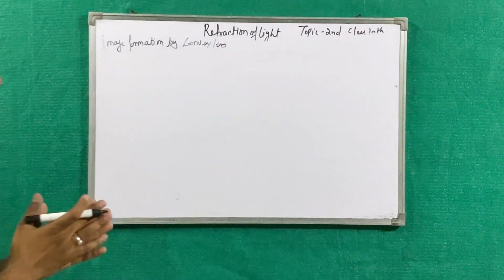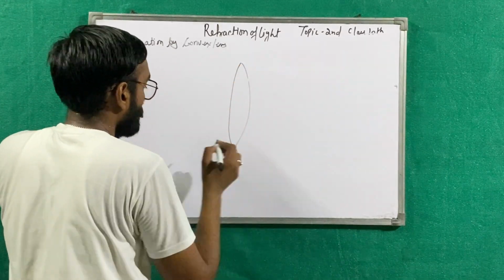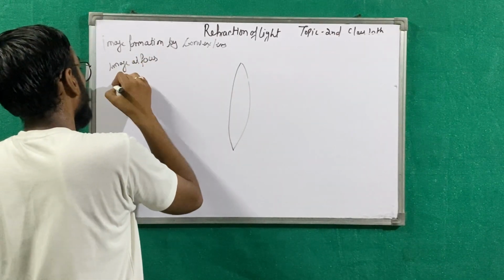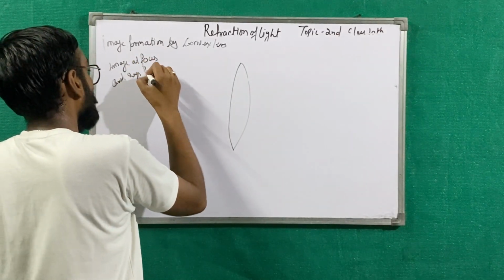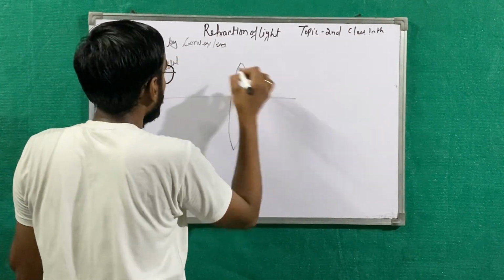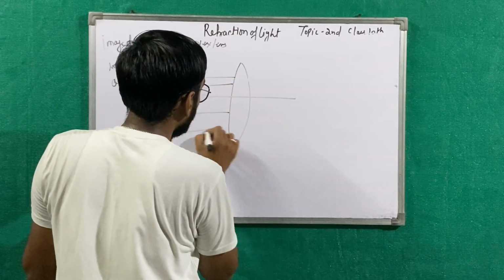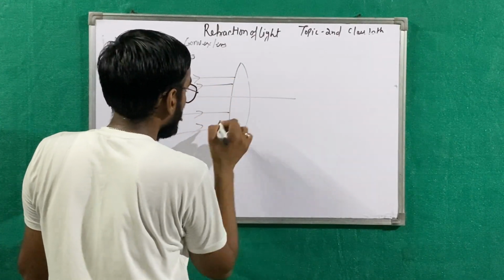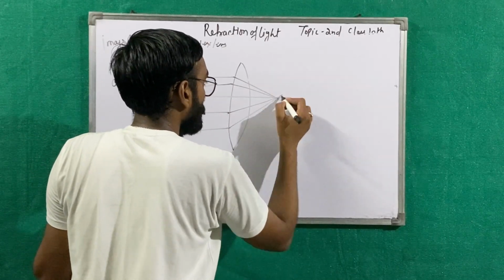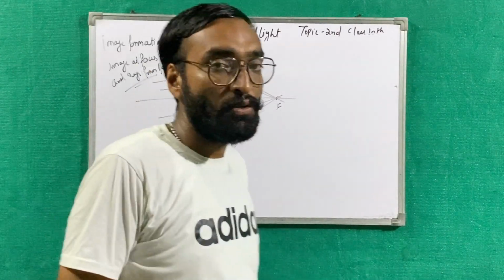So as we are going to have the first case, image at focus and rays from parallel or infinity. So if we are having 1, 2, 3, 4 rays, they will reach out at focus, and the image will form at focus.